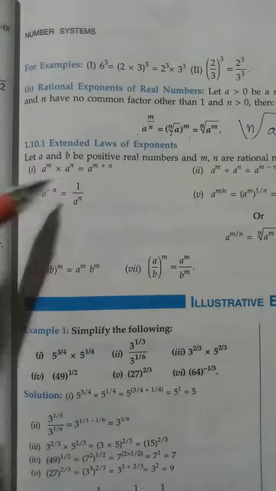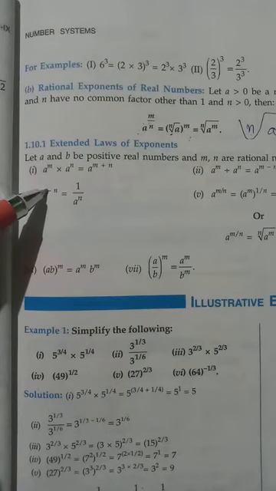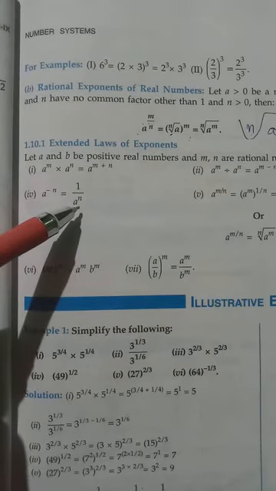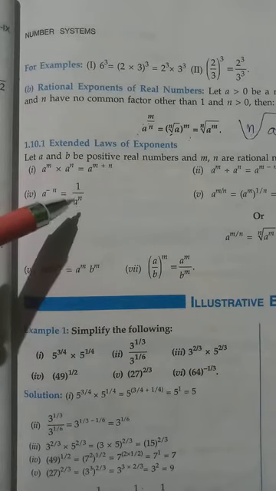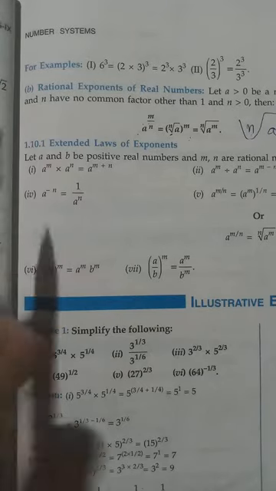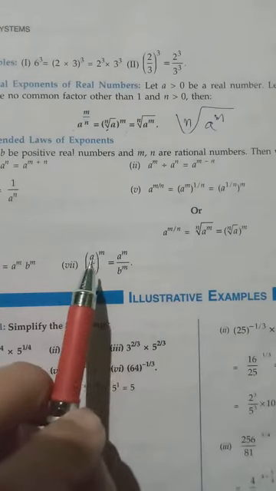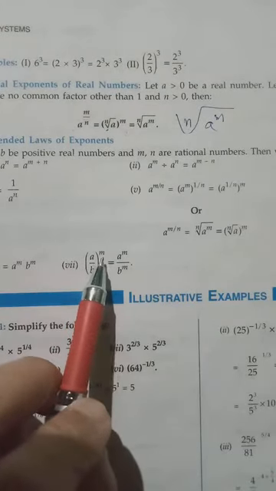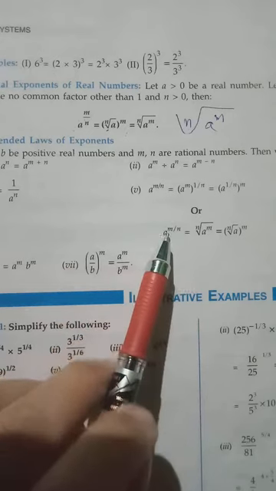Okay, then here we have some rules. Remember that one. Negative, if you want to make it positive, you have to take it down, or if it is down and you want to make it positive, you have to take it up. Then this one, that one. Okay, law 7, and here you see this is the extra one.